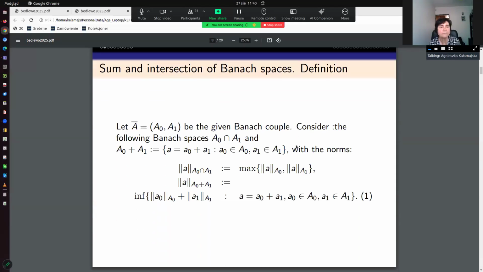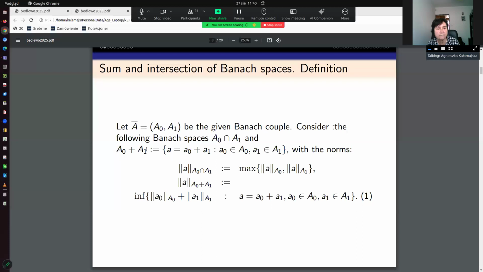Then, when we have a Banach couple, that is, we have given two Banach spaces, in particular, we can construct another two Banach spaces. One of them is their intersection. The intersection is the space with the norm, the supremum. So it is all elements which are in both spaces, and we take the norm as the maximum of the norm in A0 and the norm in A1. So this is A0 intersection A1.